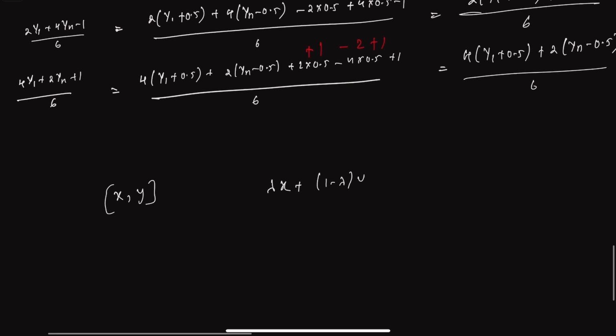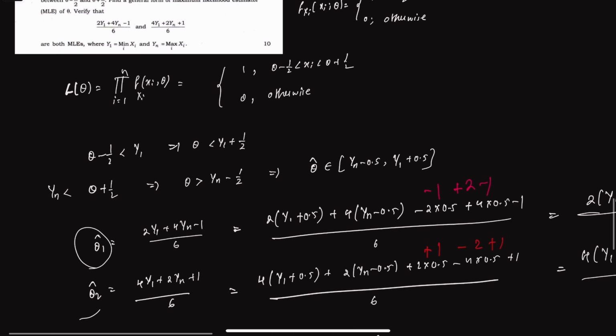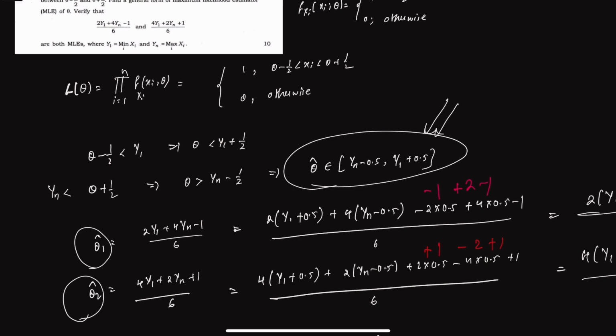Now we know that if we have a closed interval between x and y, and lambda belongs to 0 to 1, then lambda times x plus 1 minus lambda times y is always between x and y. So the estimators theta 1 hat and theta 2 hat always lie between yn minus half and y1 plus half.